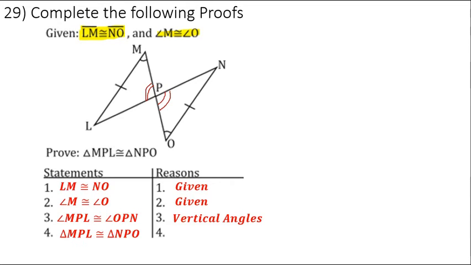So now we have enough information to prove it. This is a side, this is an angle, and this is another angle. Same thing over here: you have a side, you have an angle, and then we have a third angle over here.